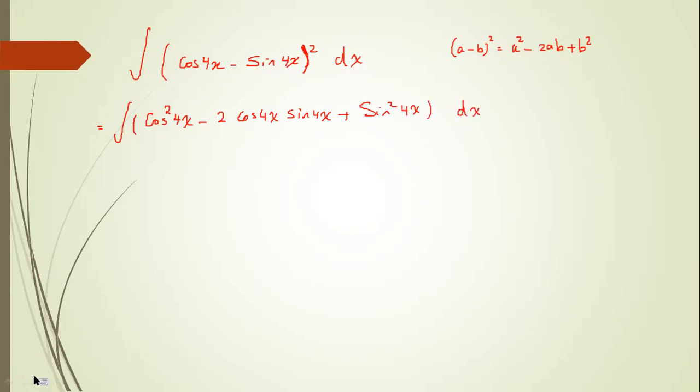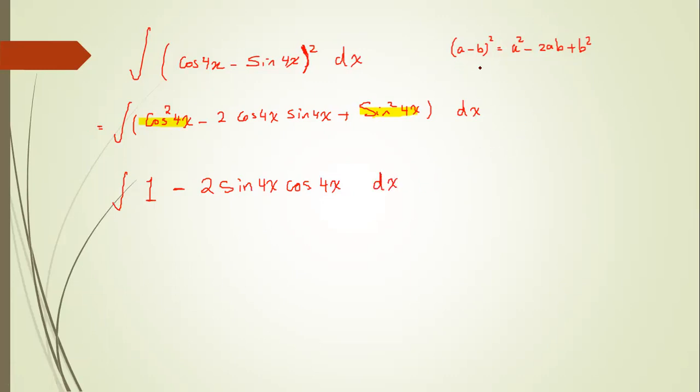Now we group cosine squared 4x plus sine squared 4x. By using the Pythagorean identity, it's 1. Then minus 2 sine 4x cosine 4x dx.